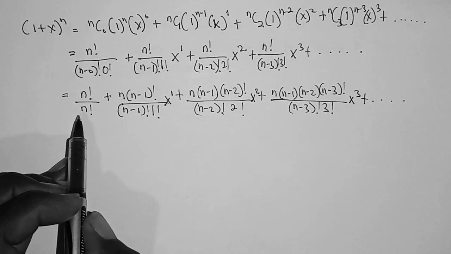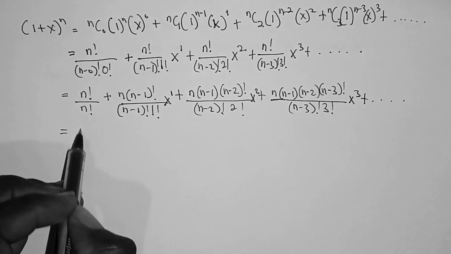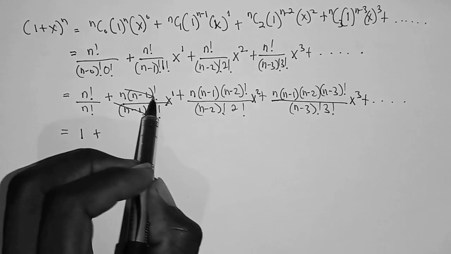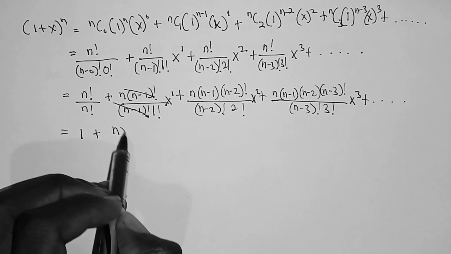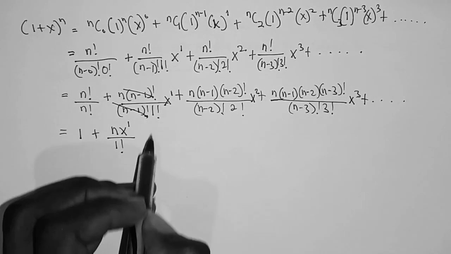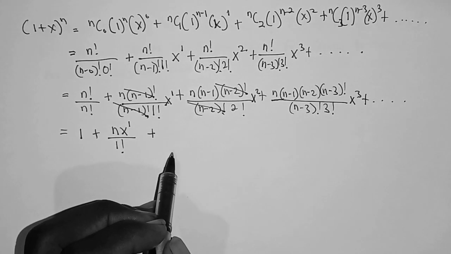Now, n factorial divided by n factorial is 1, plus n minus 1 factorial cancels n minus 1 factorial. So here becomes n x exponent 1 divided by 1 factorial, plus n minus 2 factorial cancels out.